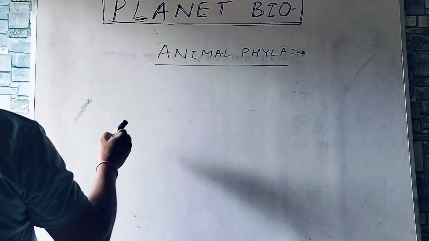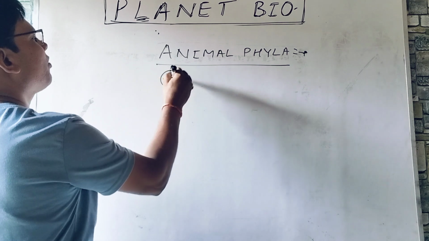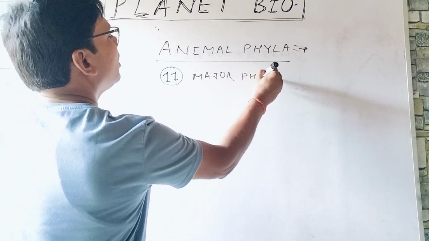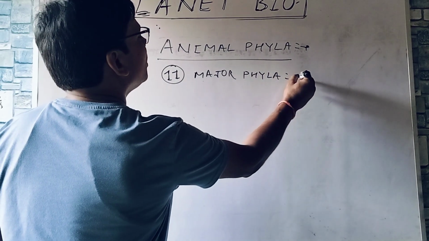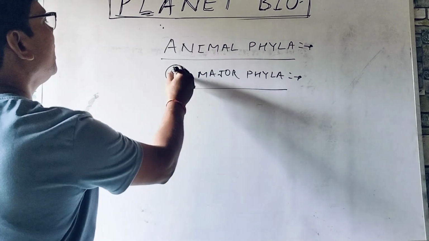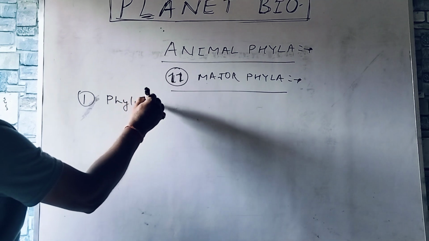How many phyla are there? 11 major phyla are there. Others are minor, which we would not study at this level. 11 major phyla, right? We start with the first one, phylum Porifera.